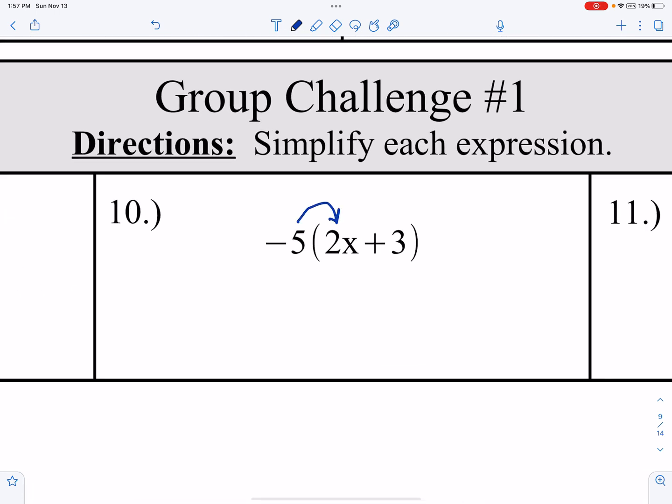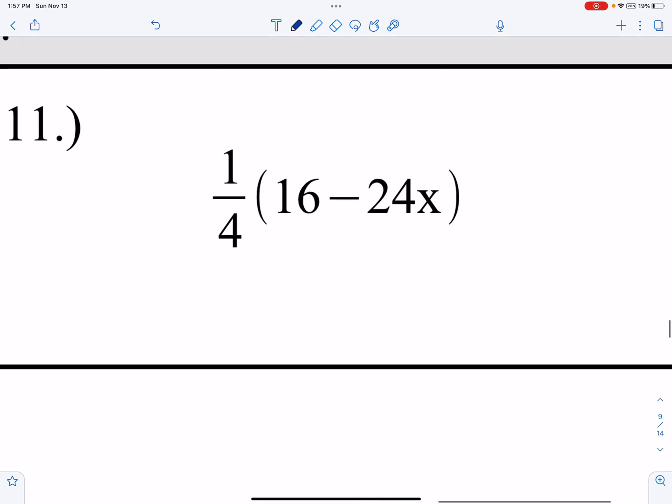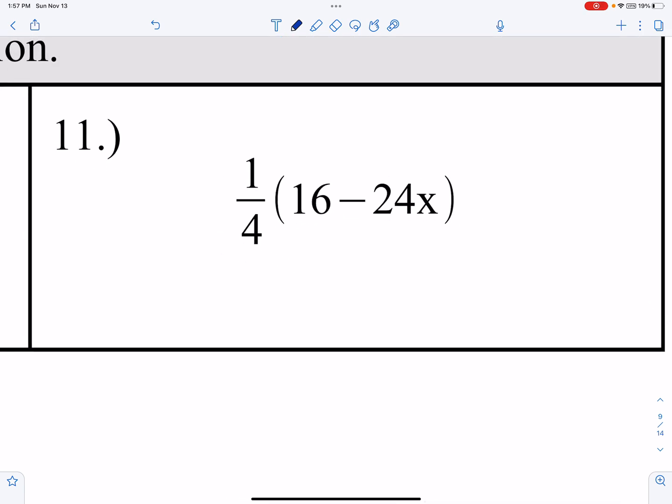Negative 5 times 2x is negative 10x, plus negative 5 times 3 is negative 15. Okay. If I want to write that a little prettier, I can write negative 10x minus 15. Okay, both are accurate. One's a little bit more common to see. All right, and then the 1/4 times the 16.